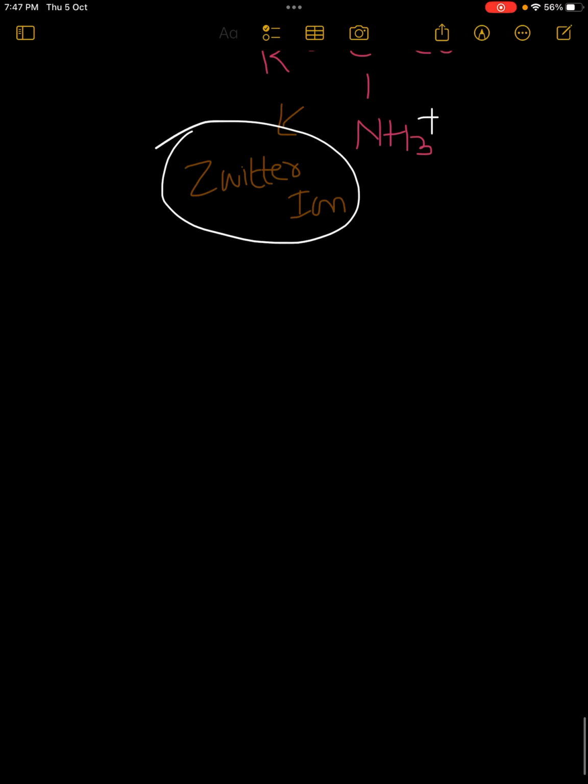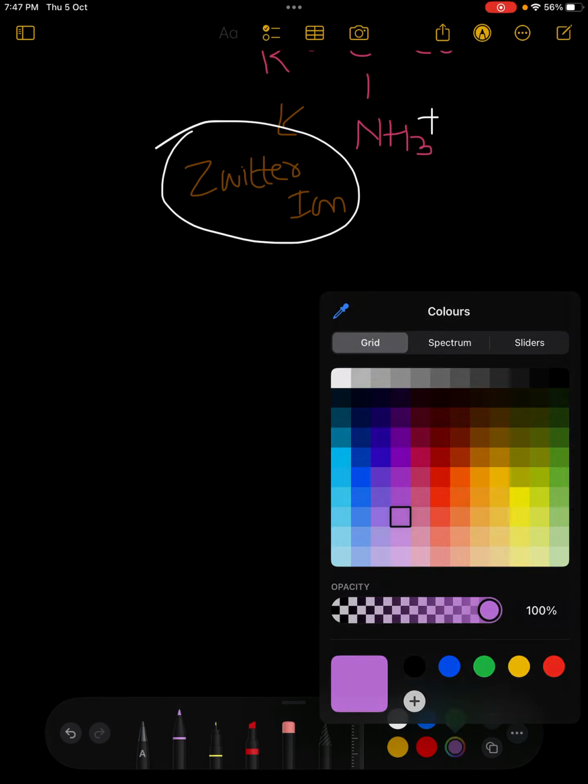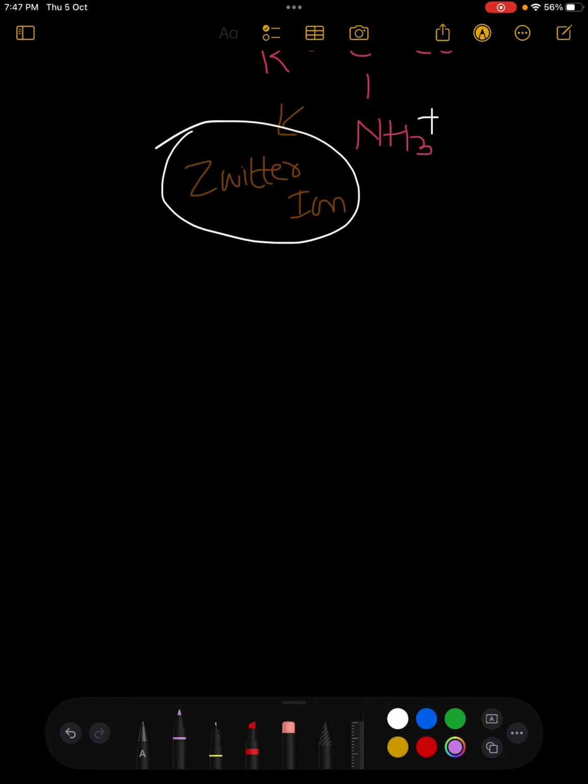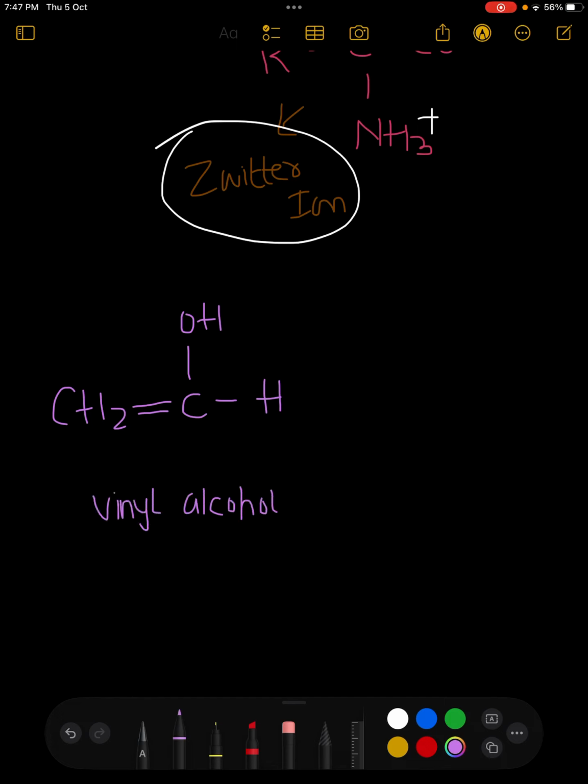Right. We have another example of vinyl alcohol, CH2 double bond C OH and H. This is known as vinyl alcohol. This will be converted into CH3 CHO, acetaldehyde, right?